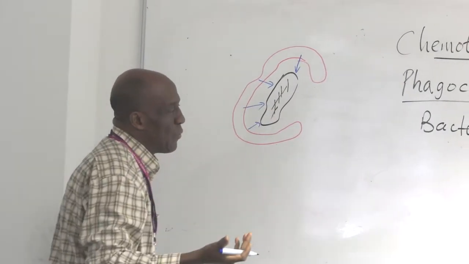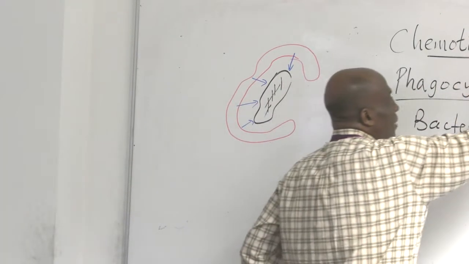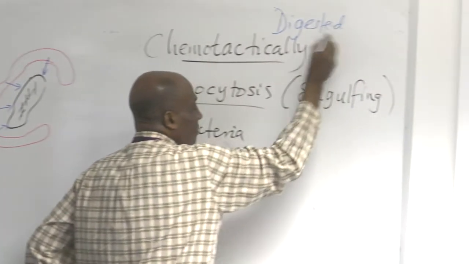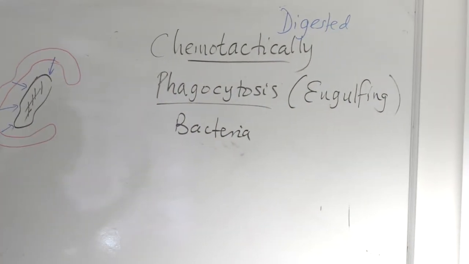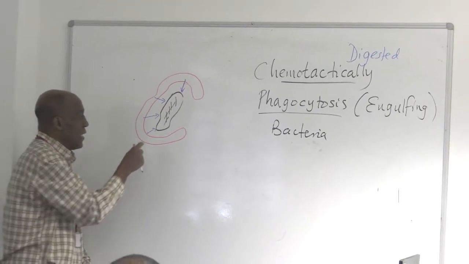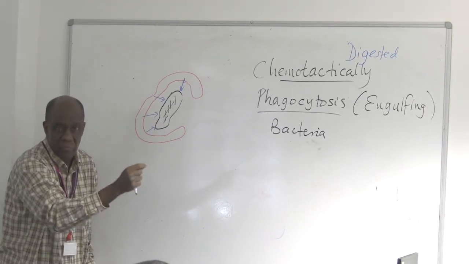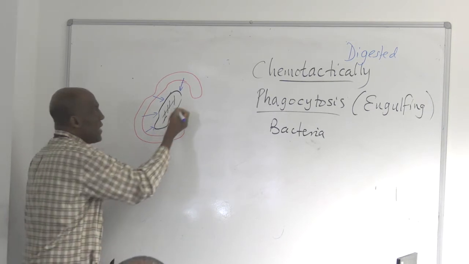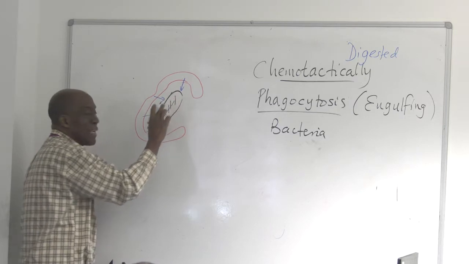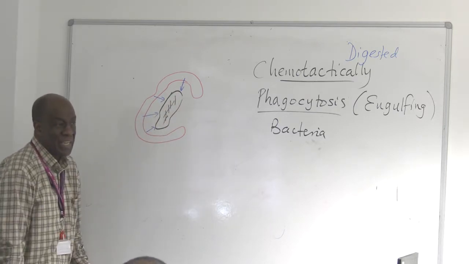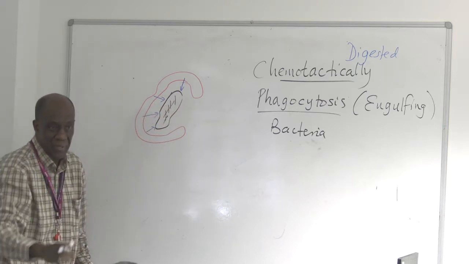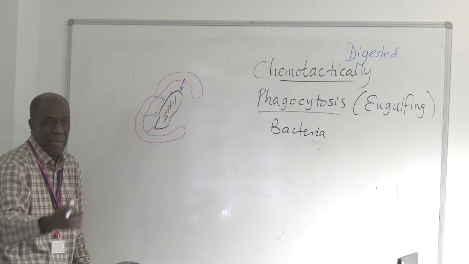Some of your textbooks refer to it as the microbe becomes digested. So the essence of the digestion of the microbe is to make it incapable. So when it injects, the microbe becomes inactive, and then it is removed from the body. And then the person becomes okay.